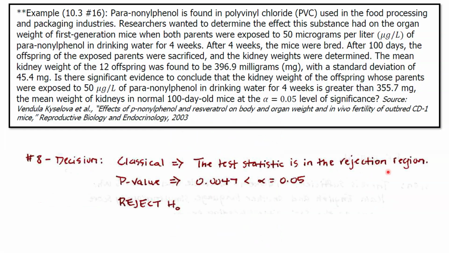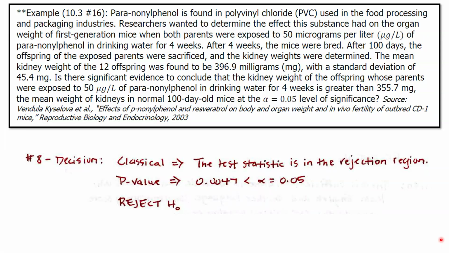So our decision using the classical approach, we would compare the test statistic to the critical value, and we found that the test statistic is in the rejection region. For the p-value approach, we would compare the p-value to our level of significance, alpha, and we found that our p-value is less than alpha, so we too would reject the null.